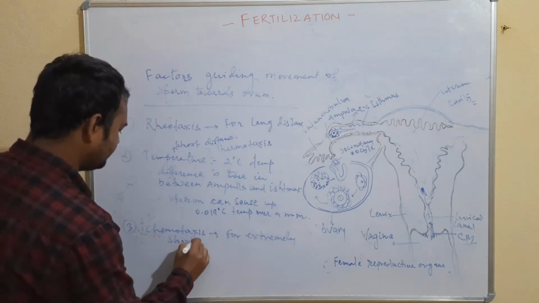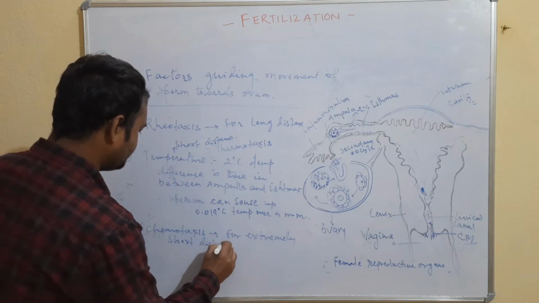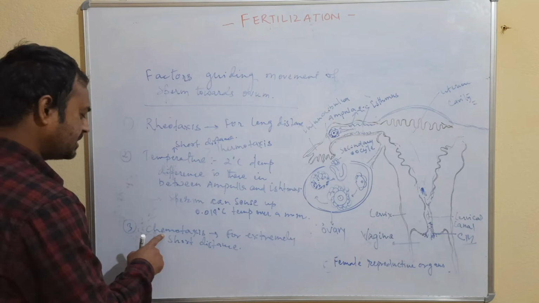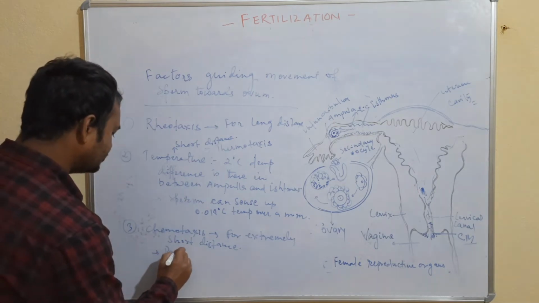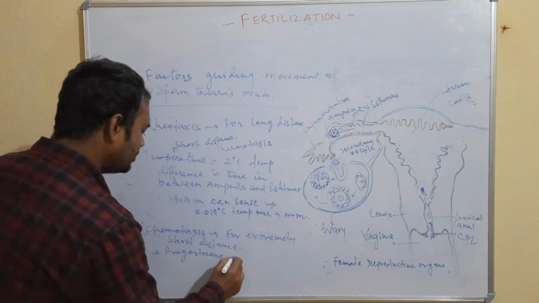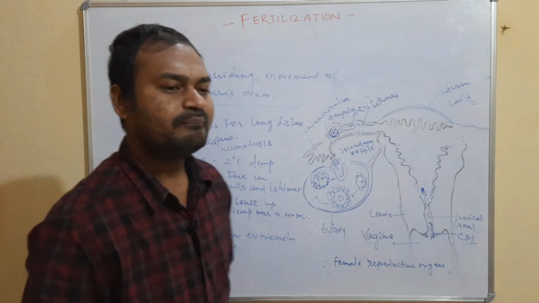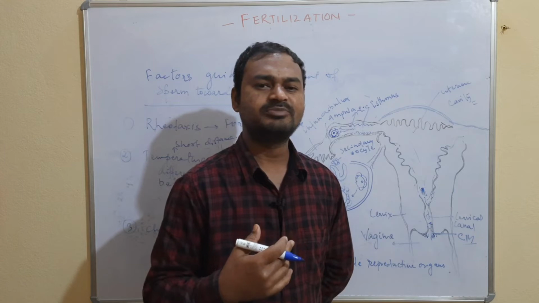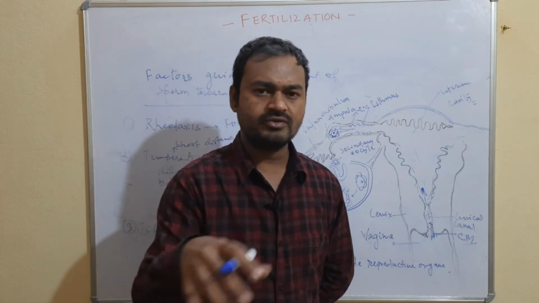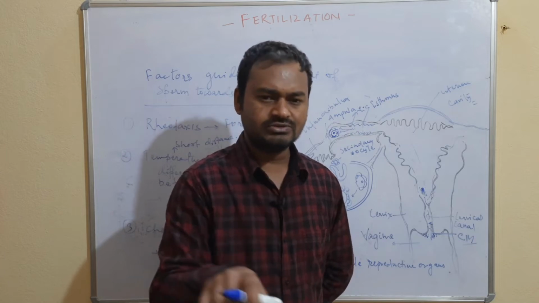So what is that chemotactic factor? That is progesterone, which guides the sperm to hover around the cumulus oophorus, or you can say to hover around the egg.